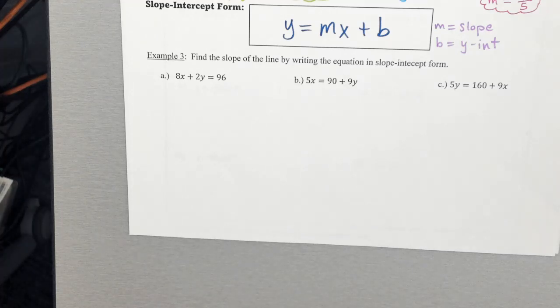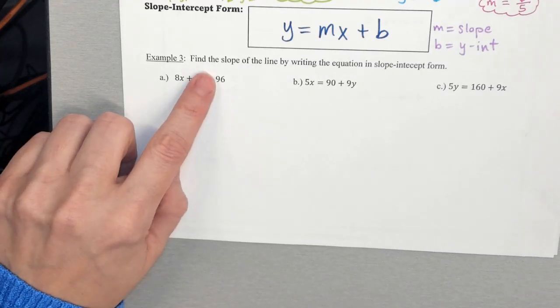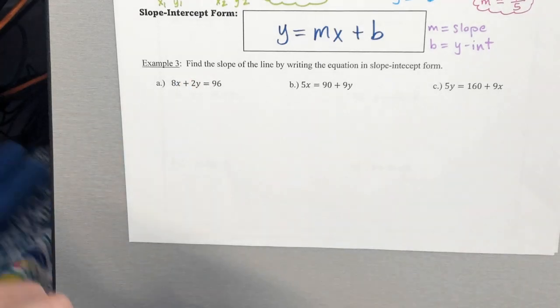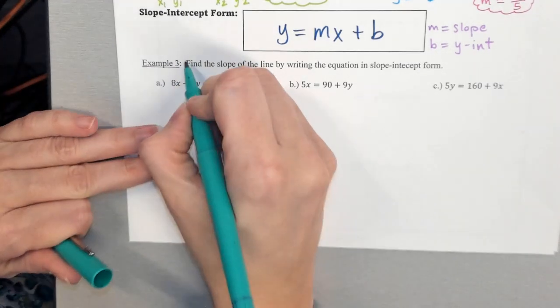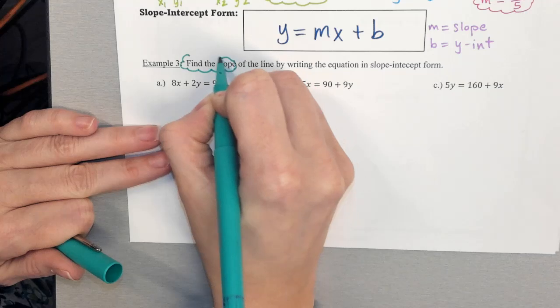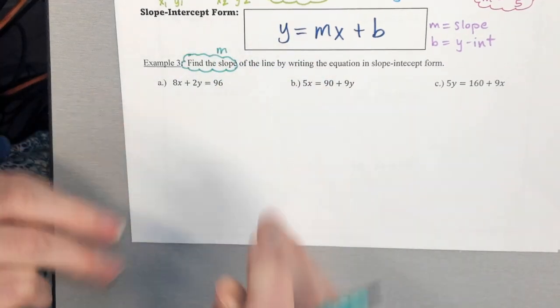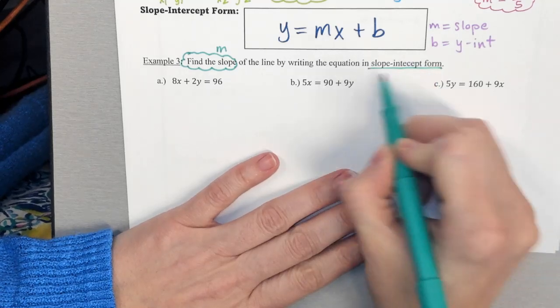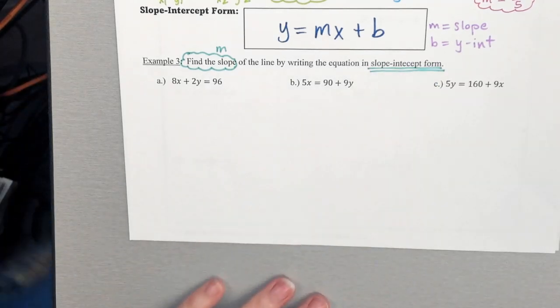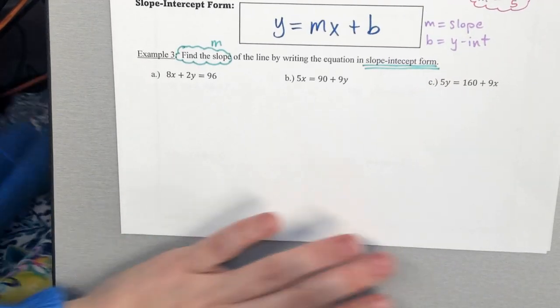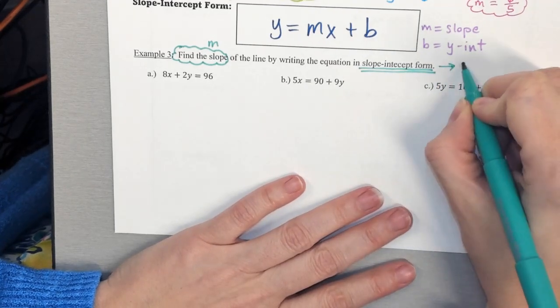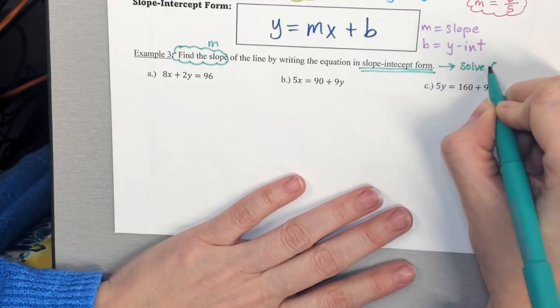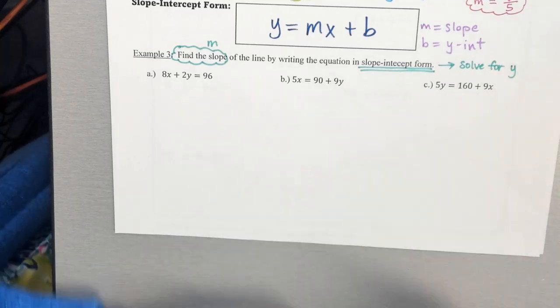Okay, so what we're going to do to find the slope, okay, so it says find the slope. That means we're going to find the value of m by writing the equation in slope-intercept form. Whenever you're putting something in slope-intercept form, that means that you are going to solve for y.